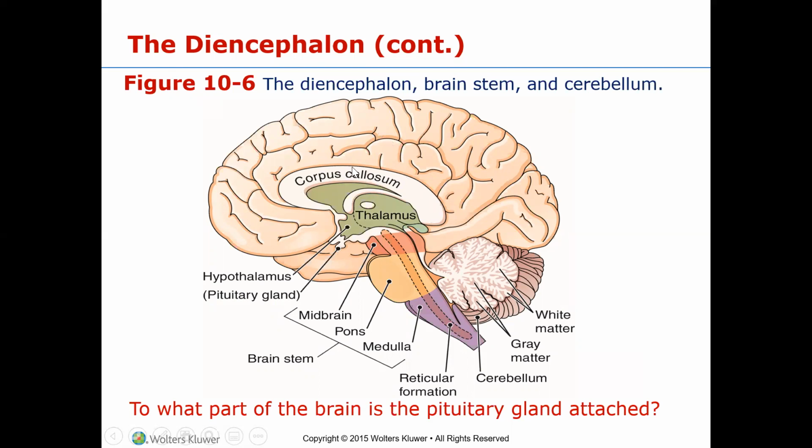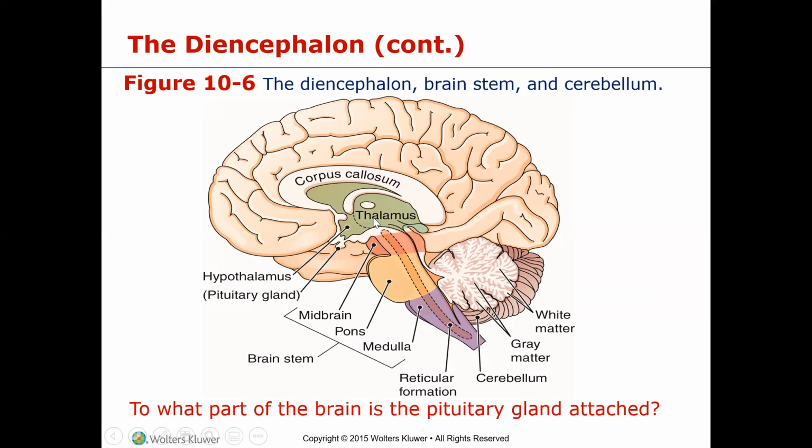This would be the top of the longitudinal fissure of the brain, and that would be the corpus callosum, the bridge that would be joining those two cerebral hemispheres together.